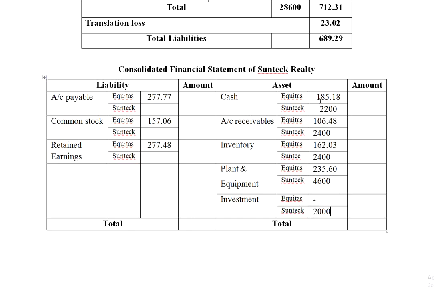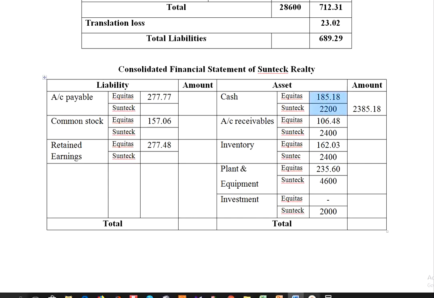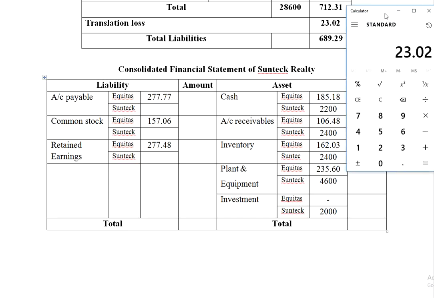Okay, so what you have to do right now is add these two. So 185.18 plus 2,200 becomes 2,385.18. You are going to add these two. Alright, similarly I'm going to show you one more thing.